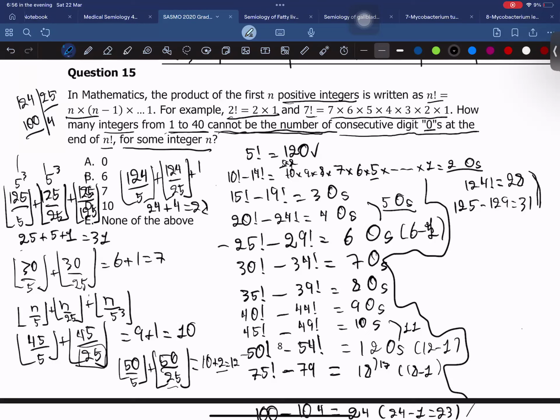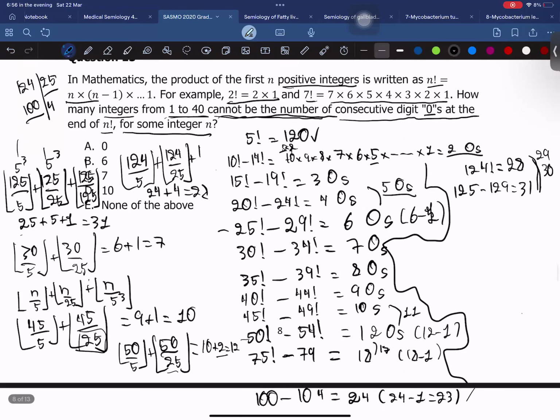So what is the thing that we lost again? We have 29 and 30, which means 29 zeros and 30 zeros. So we have lost that too.